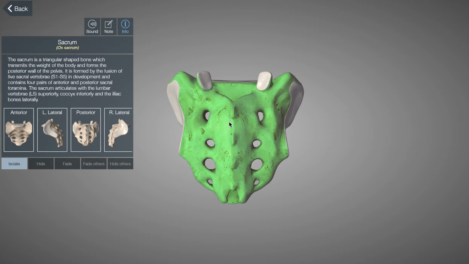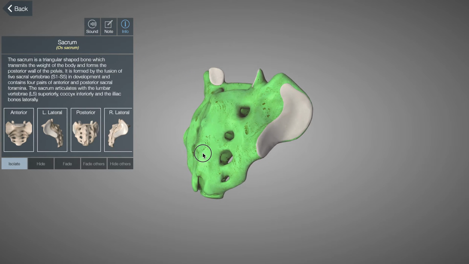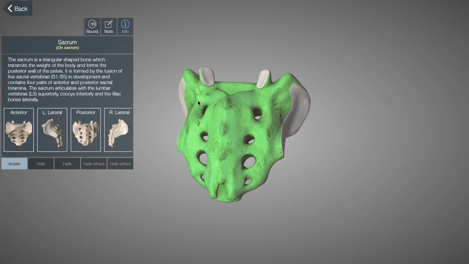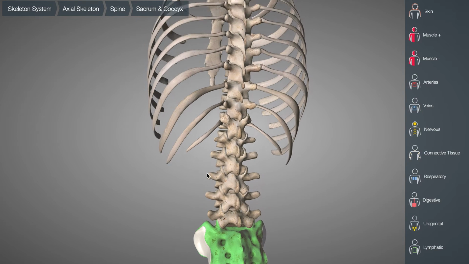So you'll also notice kind of where we saw the spinous processes on the spinal column, you have these pokey outy bits right over here, but that's actually called the median sacral crest. And then it kind of bulges out over here on each side as well, and since it's off to the side, we just call it the lateral sacral crest. Okay, so I think we're done with the sacrum.